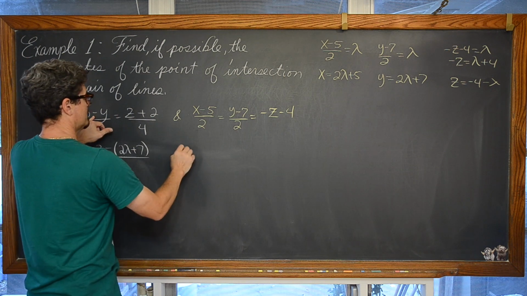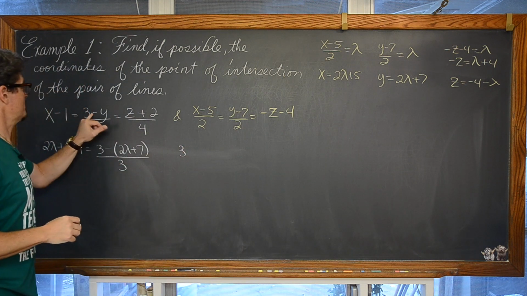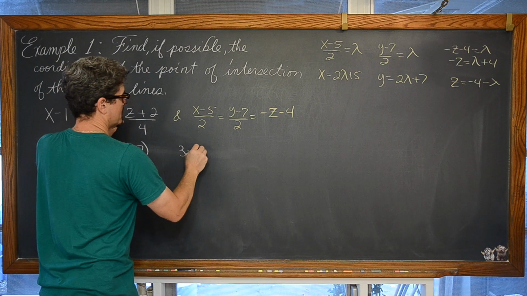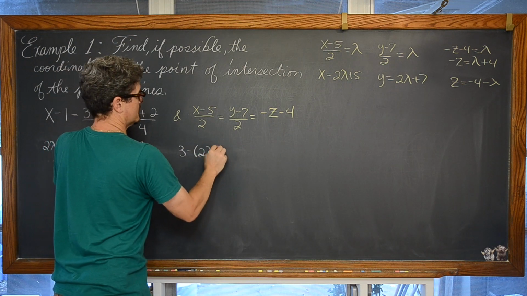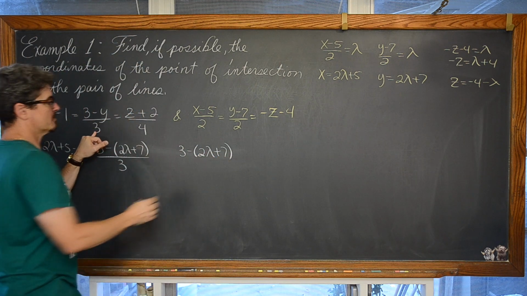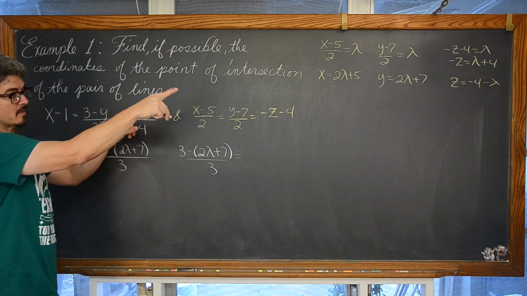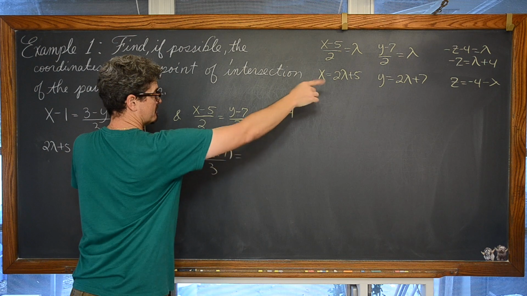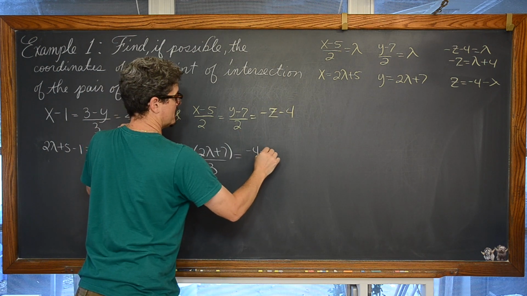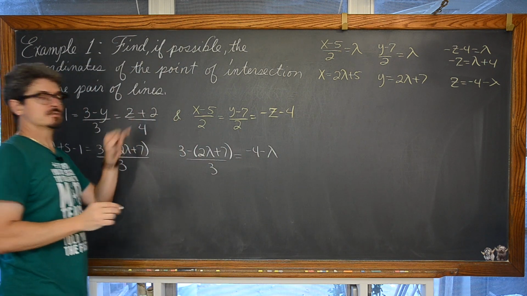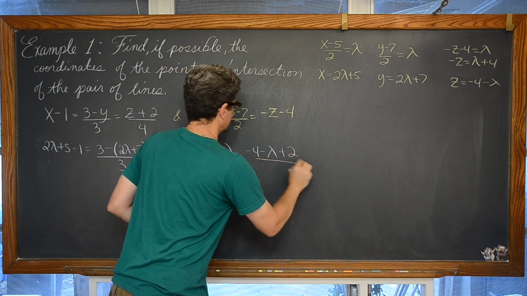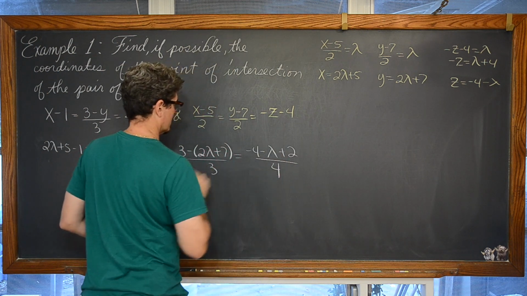Now we have, for our second equation, 3 minus y, which again is 3 minus (2 lambda plus 7) over 3, is equal to z, which we have up there in terms of lambda from the yellow equation, (negative 4 minus lambda plus 2) over 4.